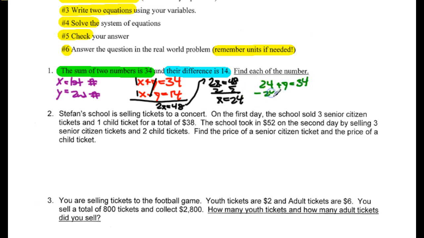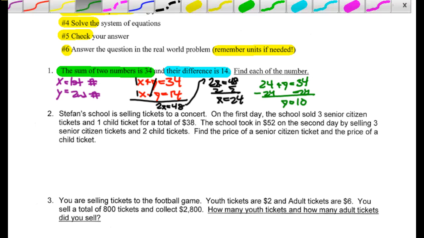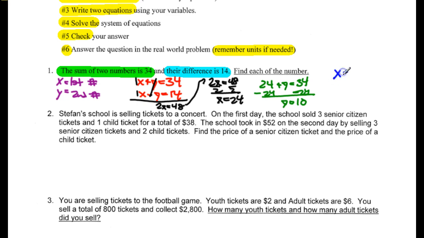Solve for y by doing minus 24. And y will equal 34 minus 24, which is 10. In this case, I don't have to write my answer like a point because I'm solving a word problem. The x was 24, the y was 10. That means the first number was 24, the second number was 10.